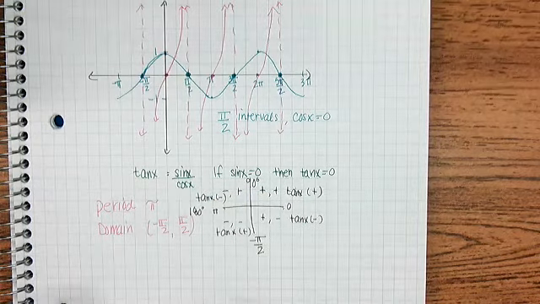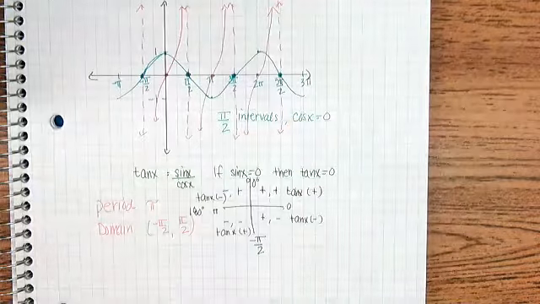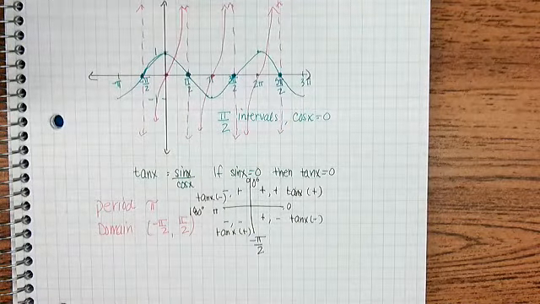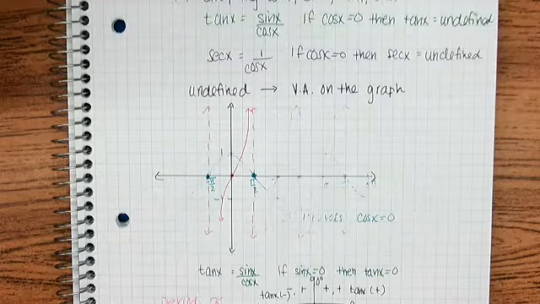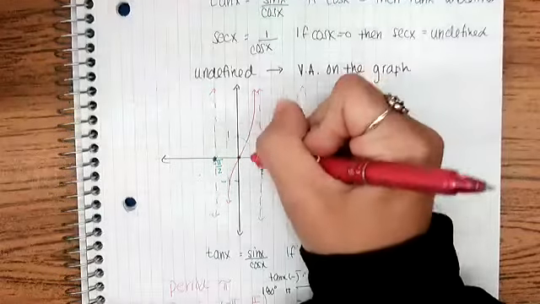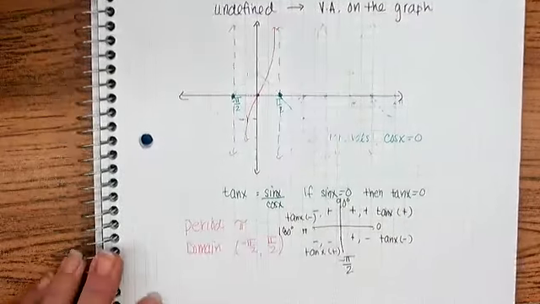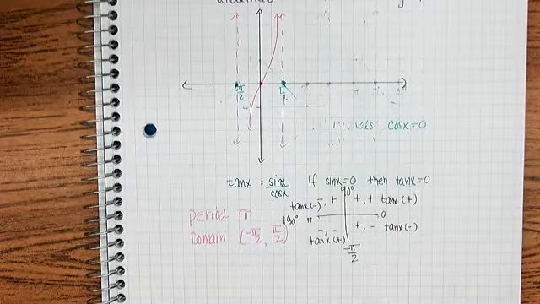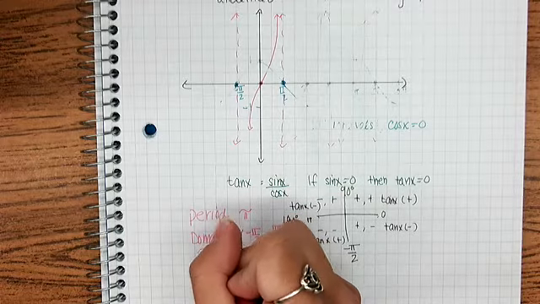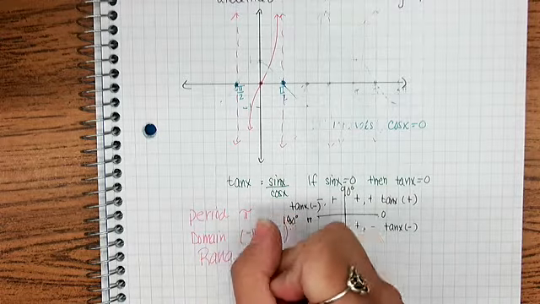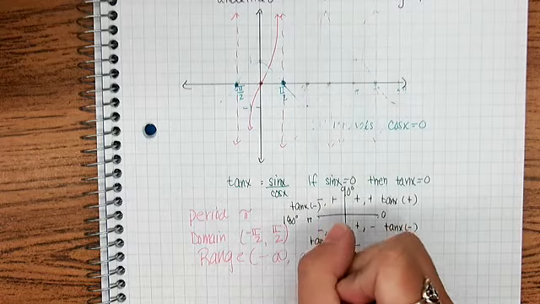So what I'm going to do is erase everything that's not between negative pi over 2 and pi over 2. There you go. I tried to erase this cosine curve. It didn't erase very well. The domain is negative pi over 2 to pi over 2, and the range is negative infinity to infinity.